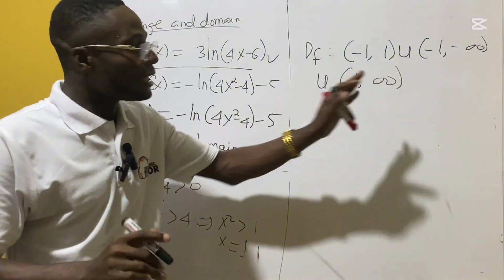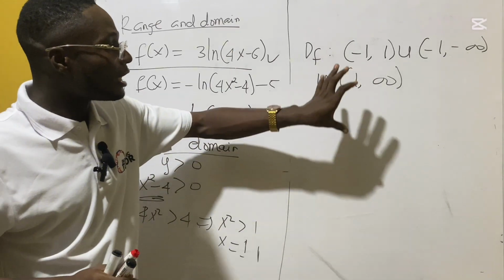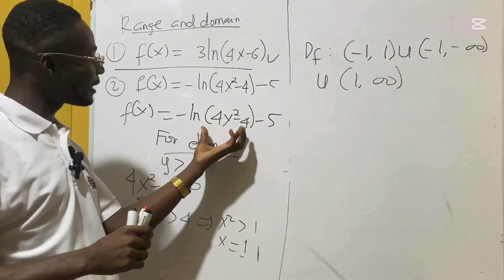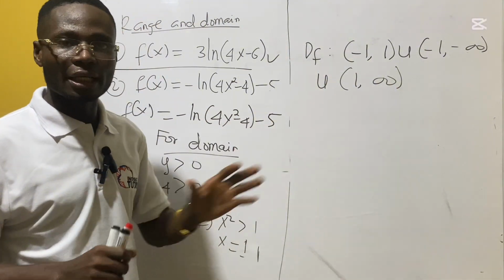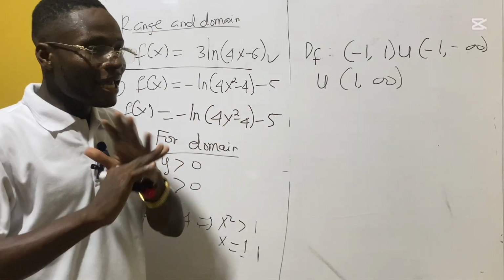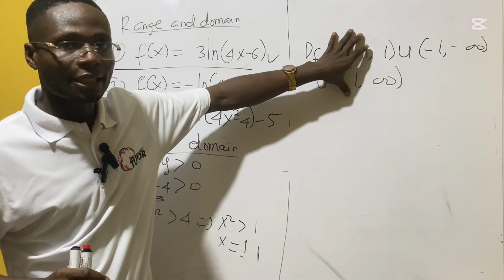Any of these elements qualifies to be part of the domain. So the domain for this second function excludes these elements. You can consider any other number for the domain, but don't consider these elements.